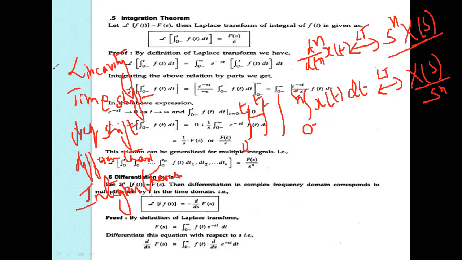These are the 5 we discussed in the last class, my dear students. Only there is a difference for the fourth property between bilateral and unilateral.